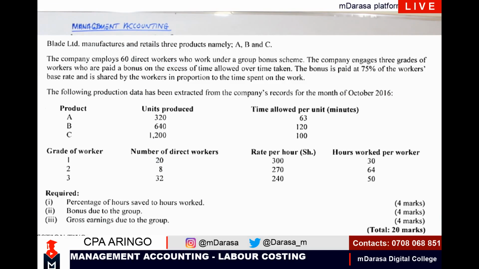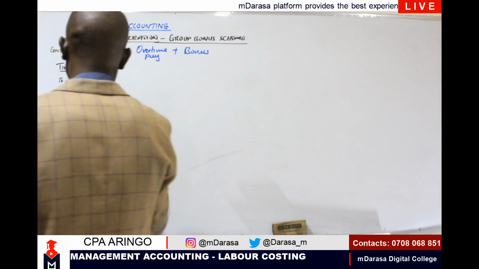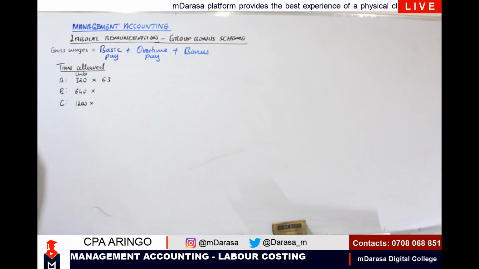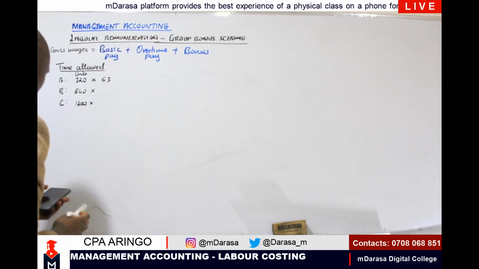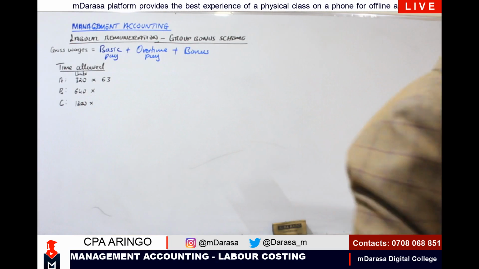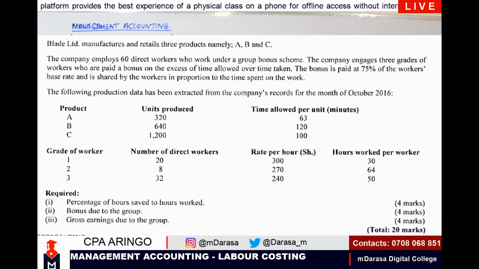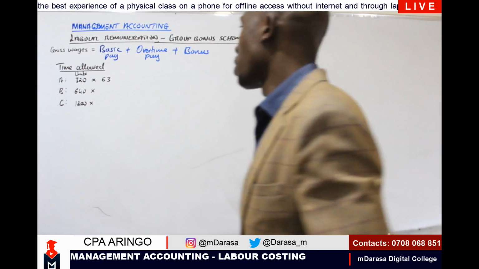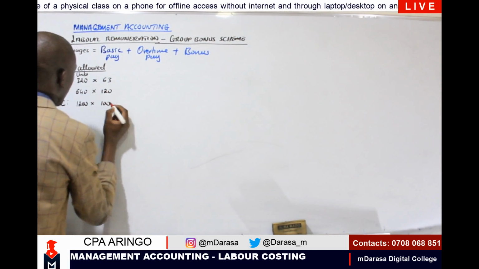That should be 63 for product A, for product B I'm given 120, and for C 100.